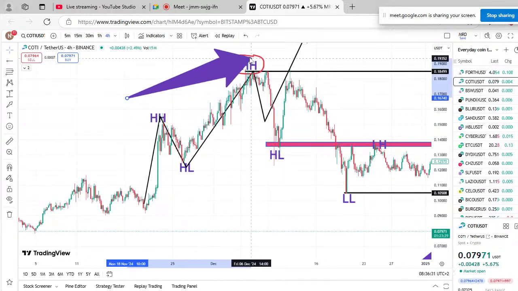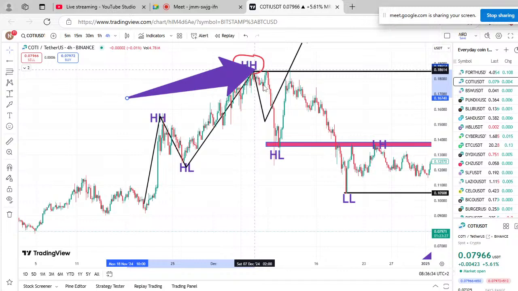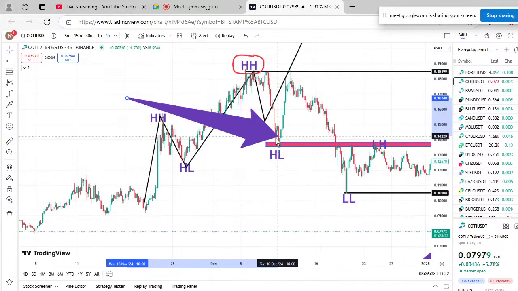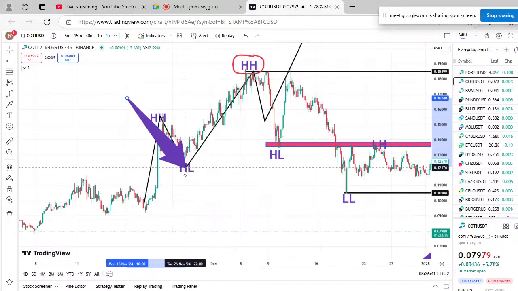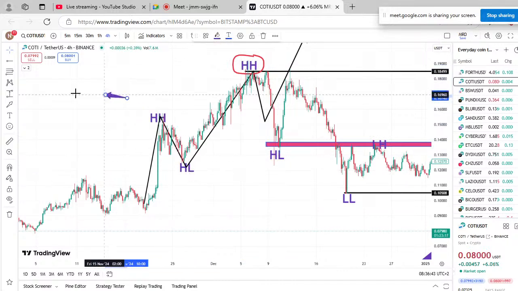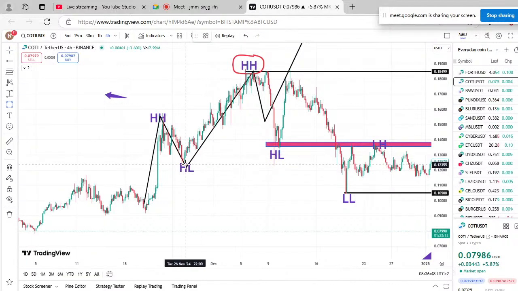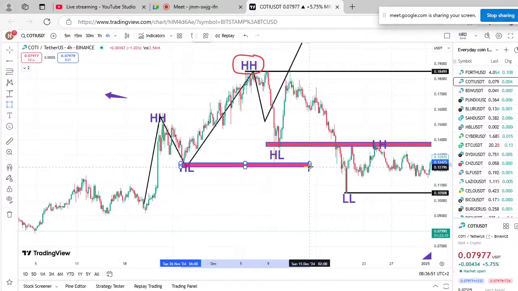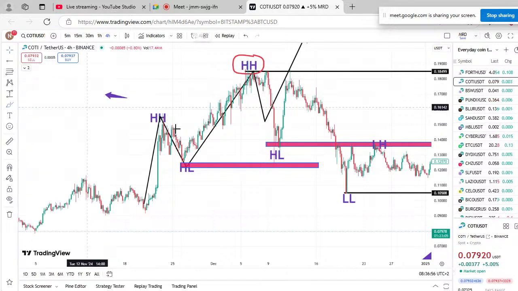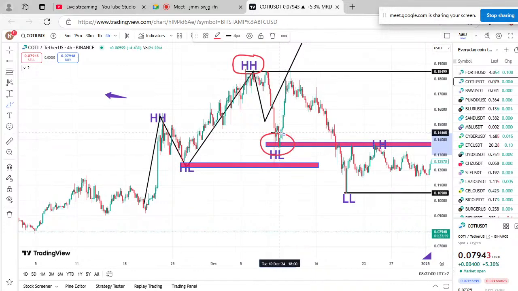Now, after confirming that this is the last high, since we don't have any higher high, and the market drops down to this level, and we failed to break here, let me show you. Let me put a line here. When the market comes here, you are seeing it. If this point were down here, it would be our first lower low.